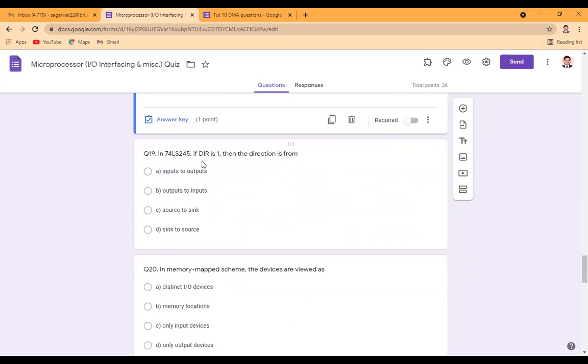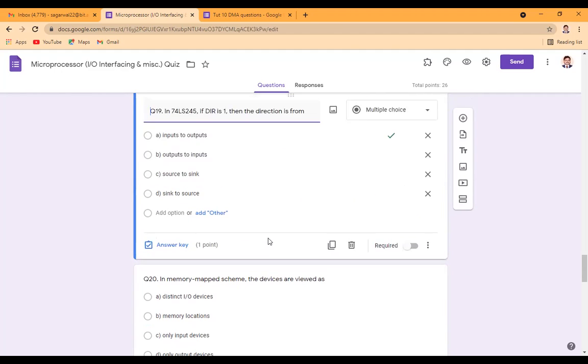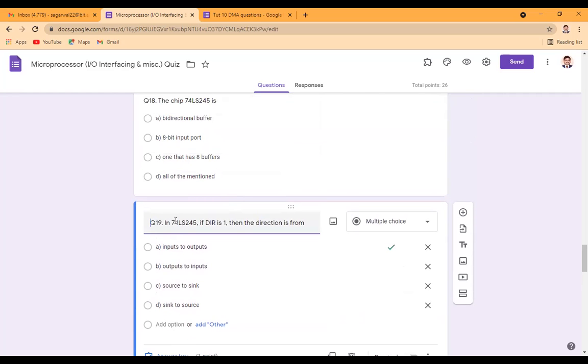Whether it is going from input to output, from output to input, from source to sink, or from sink to source. Since we are talking about 245 and 245 is a buffer, if DIR is 1, it means it is going from input to the output.